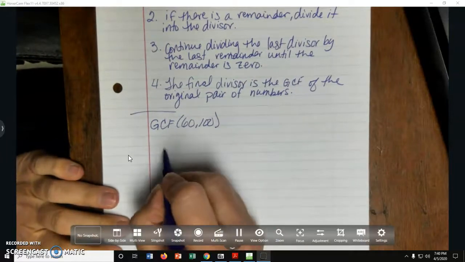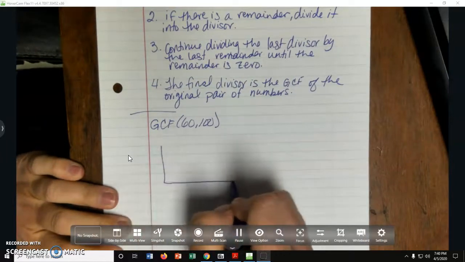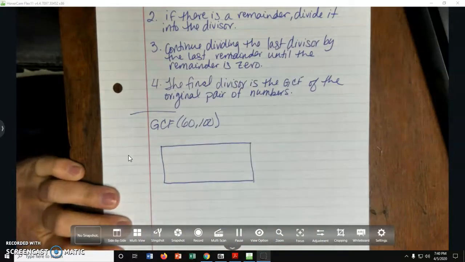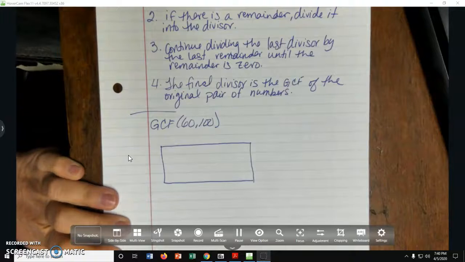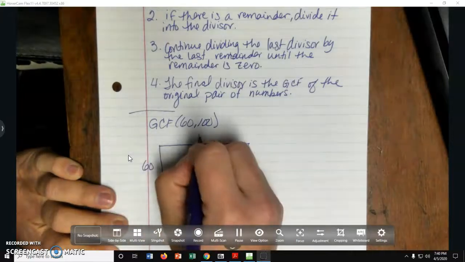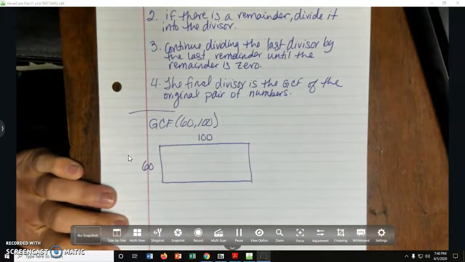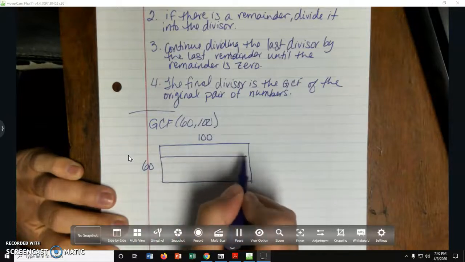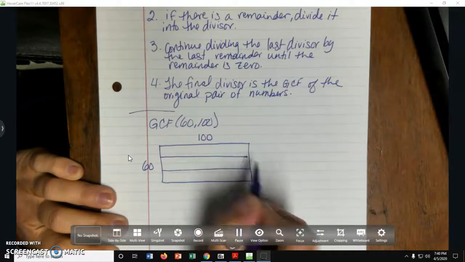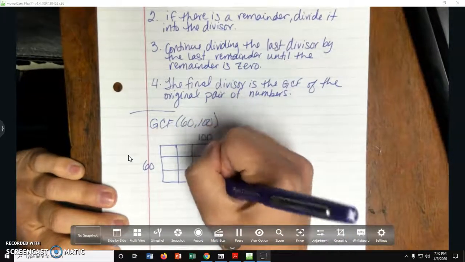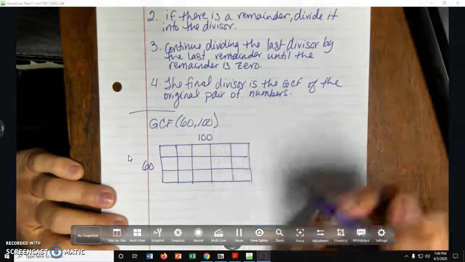So, let's go ahead and draw this visually. So let's say if we wanted to have this be an area model, this would be a 60 by 100, and we would be trying to find the area. Okay, so if we did this, we'd have 20, 40, 60, 80, 100.